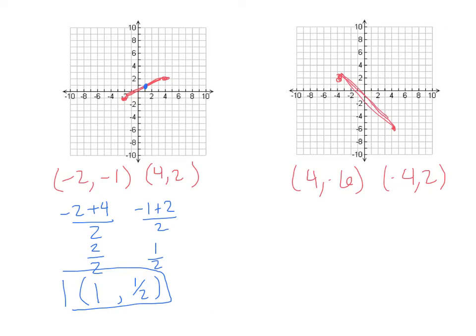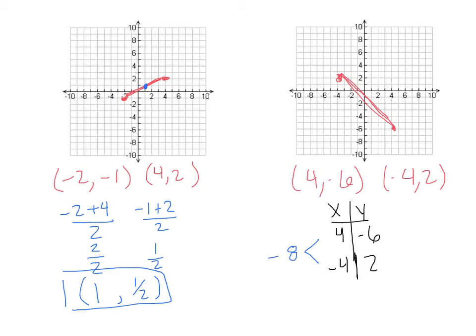That's a horrible line, but you get the gist. And so here I'm going to use the table method. So I'm going to make my XY table. And I know I have the point 4, -6, and I have the point -4, 2. And I want to find what lives in the middle of those two things. So when I go from 4 to -4, I go down 8.